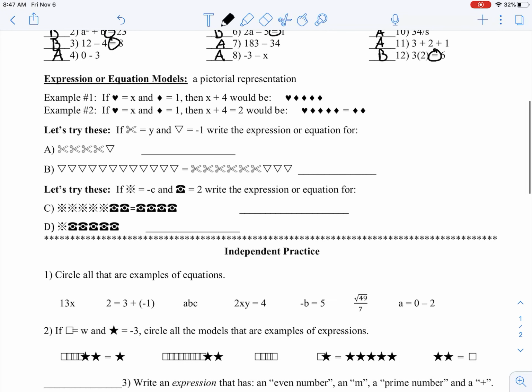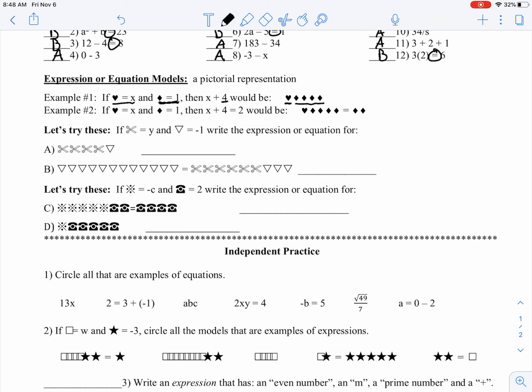All right, so now we are going to be looking at visual models and how we would write either equations or expressions from looking at them. So we have some variables here. Remember, a variable is just a symbol to represent a value we don't know. So it tells us heart is equal to x and diamond is equal to 1. We could represent that by x plus 4, where there's the 1 heart being x, and then we've got 4 diamonds to represent the 4.